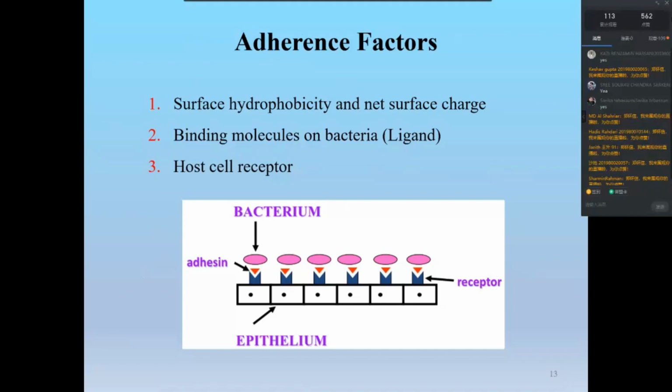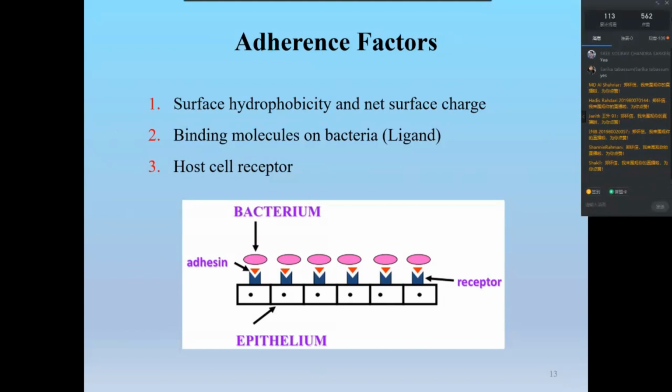Or the bacterial cell surface will have some charge, either positive charge or negative charge, which can help them to bind to the host cell. This is one type of adherence, through hydrophobic force or the surface charge.